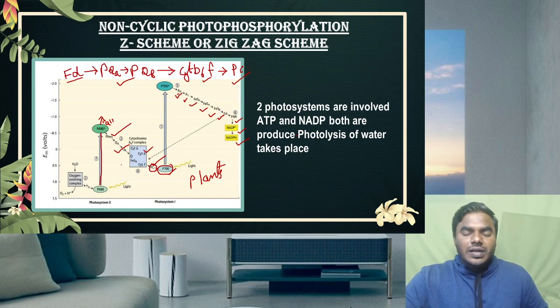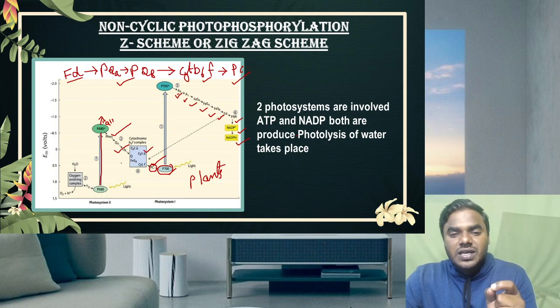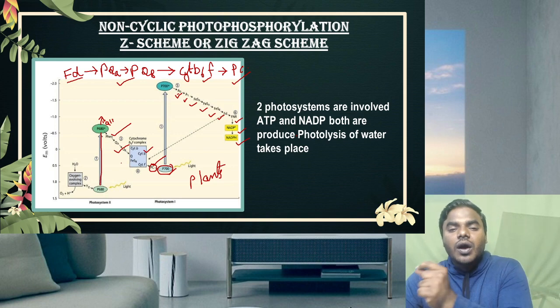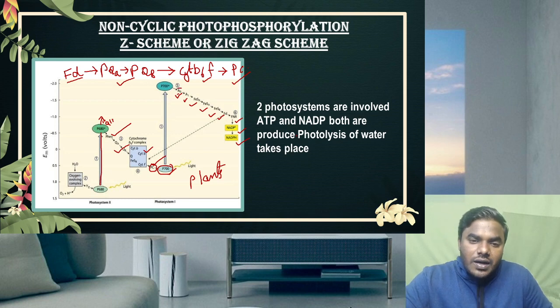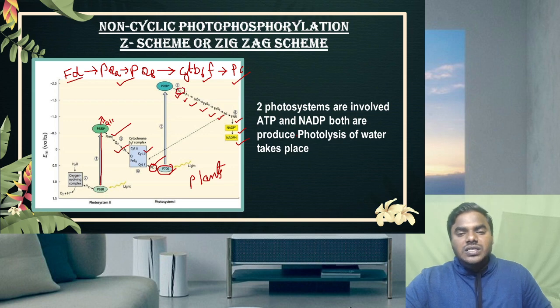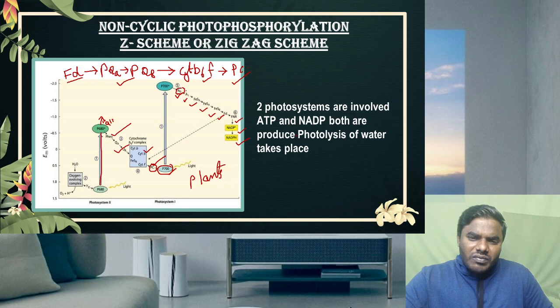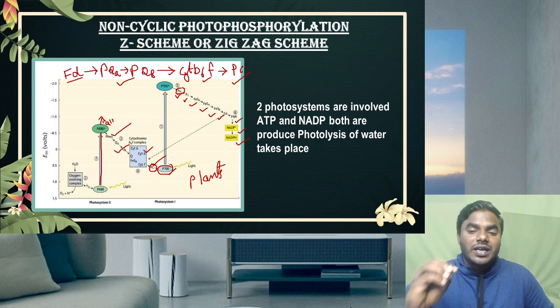Now second question: which is the first electron acceptor that accepts the electron from P700? What is the answer? A0. A0 is the one which is going to accept the electron from the P700.